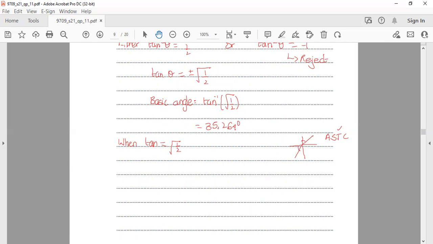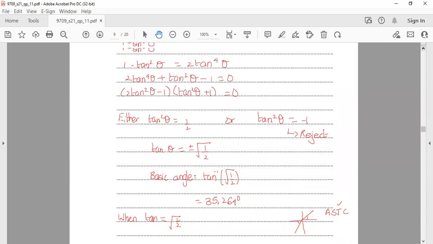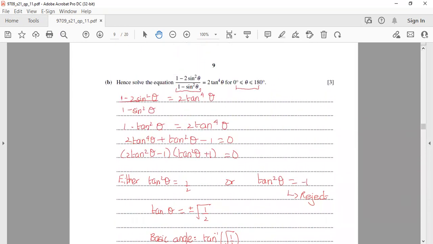We will consider only the first value of tan, in the first quadrant, because in the third quadrant the value of theta would be greater than 180 degrees.